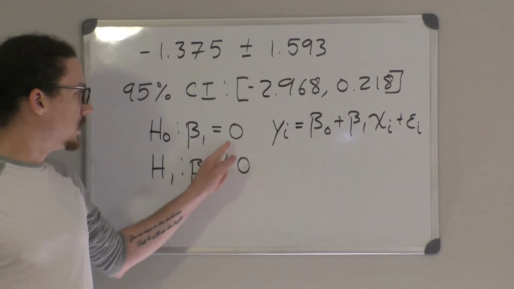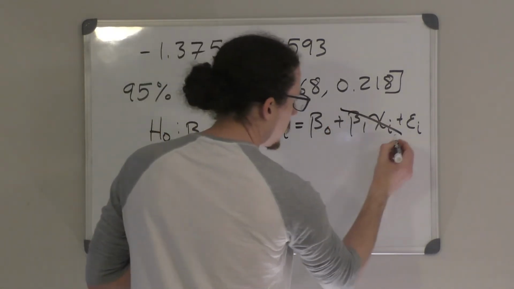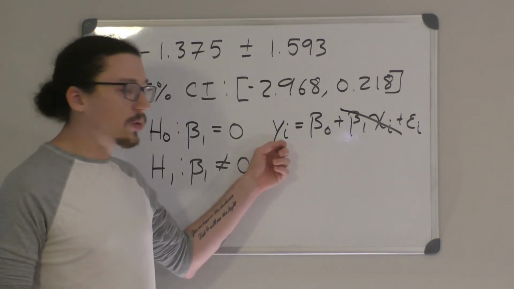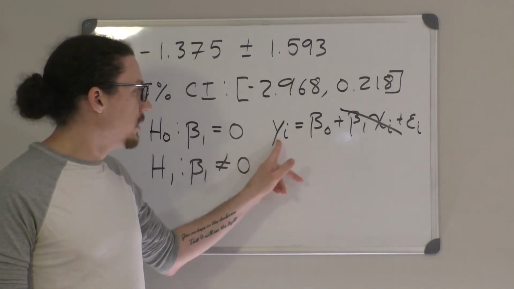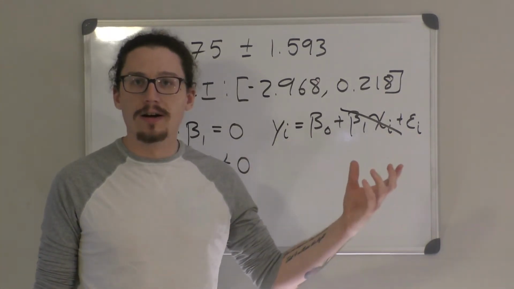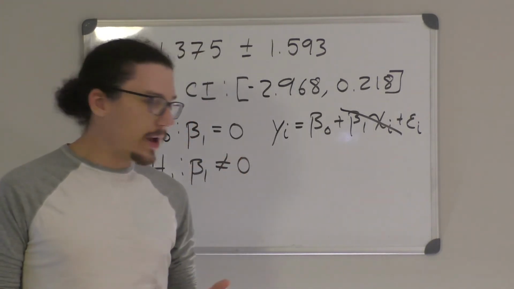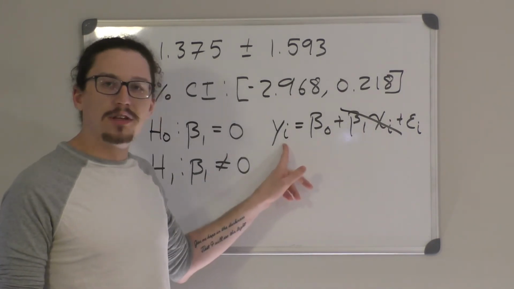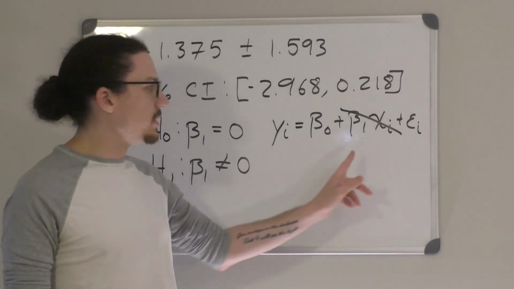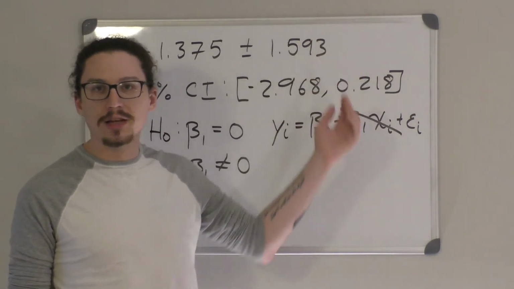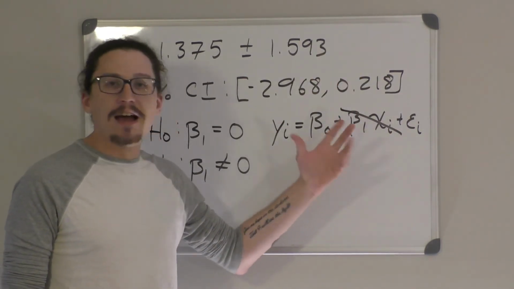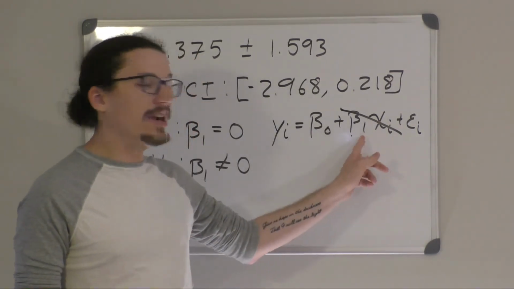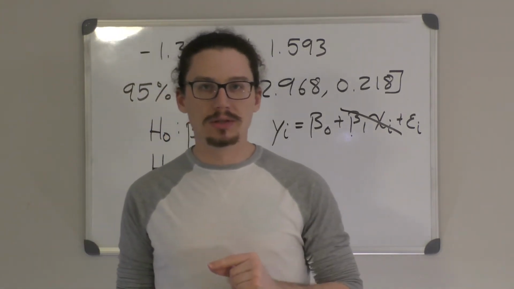If beta 1 does equal 0, then that entire term cancels out. And all we're left with for how we find y is just the constant plus some error. So if beta 1 equals 0, it means that x doesn't have any effect on y. Doesn't matter what value x is, it could be 1,000,000, it could be 0. It's going to have the exact same effect because you're multiplying that by 0, so you would always get 0 there.